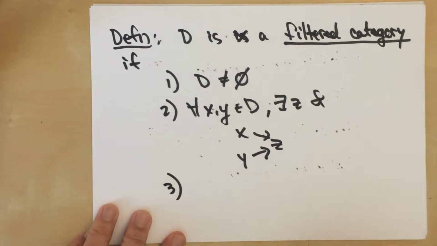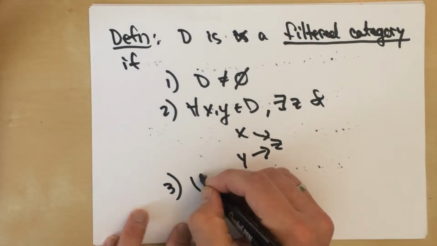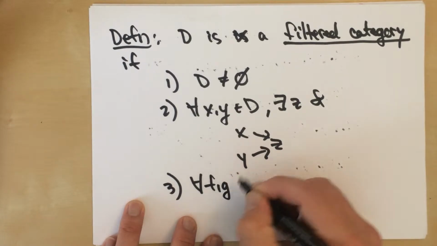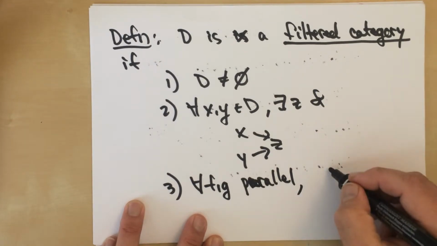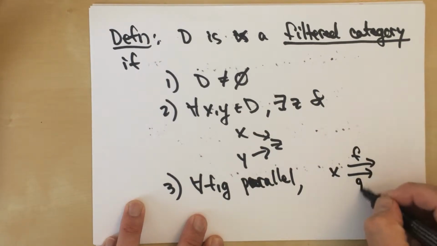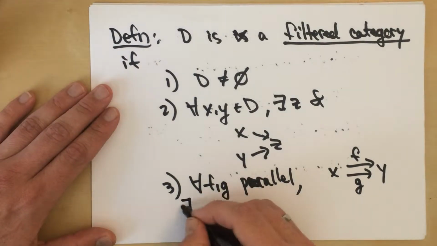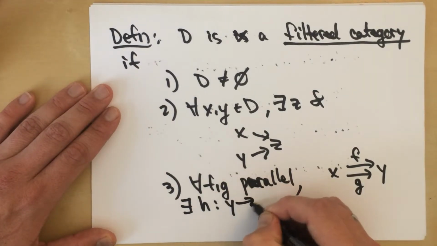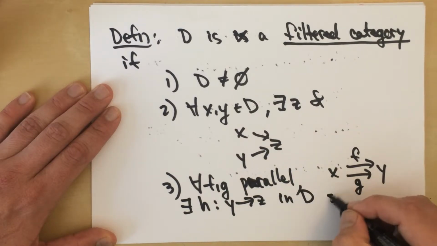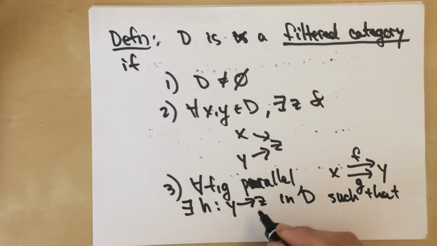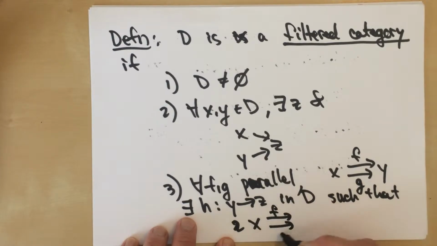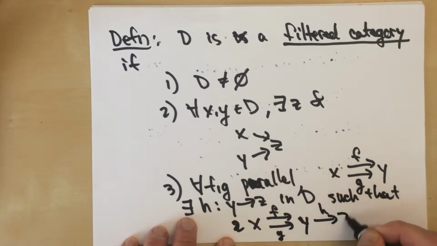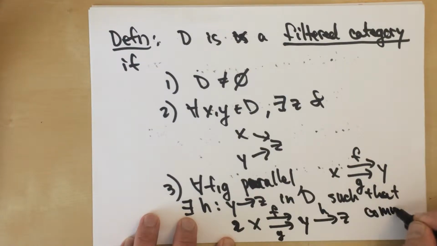The third thing that we're going to require is that there are kind of equalizers. So for all F and G parallel, meaning F and G are maps to the same object, there exists some H from Y to Z in this category D such that this diagram commutes.